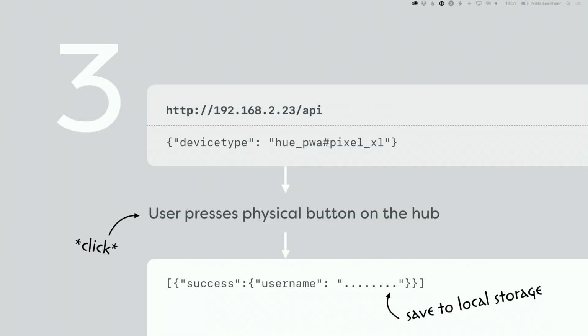And we can authenticate. That is really important, because nobody wants an unsecure IoT device. So Philips thought about this, and they actually require you to press a button on the bridge to be able to connect. So nobody can just change the colors of your light if they are on your local network.